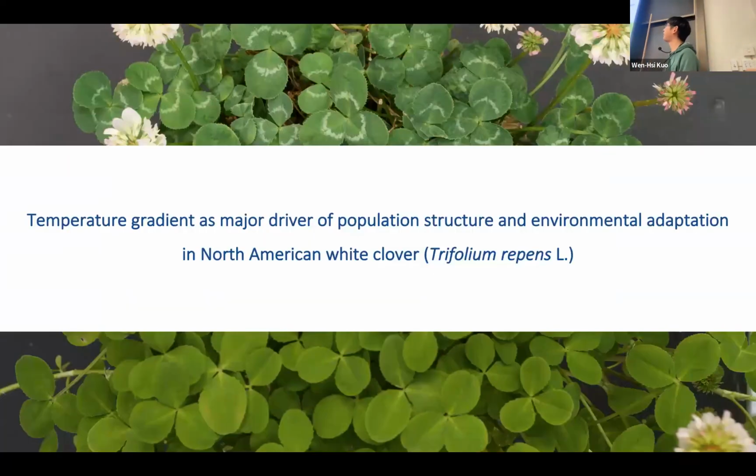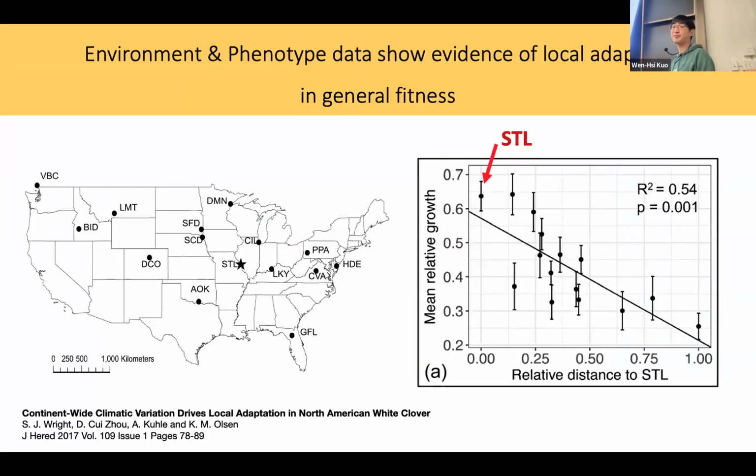Here, I'm going to tell you why white clover is a great system to use this approach for investigation. First, we have robust evidence of local adaptation in white clover. A previous graduate student in the Olson lab, Sarah Wright, collected several white clover populations across the United States and planted them at Tyson Research Center.